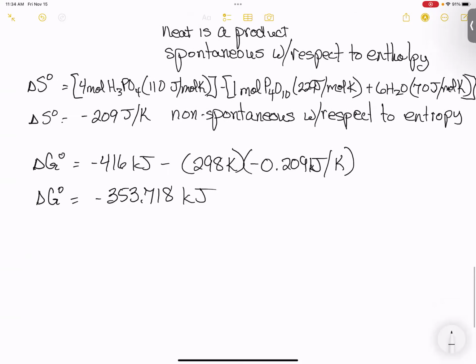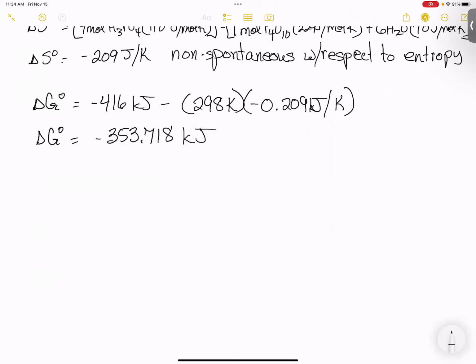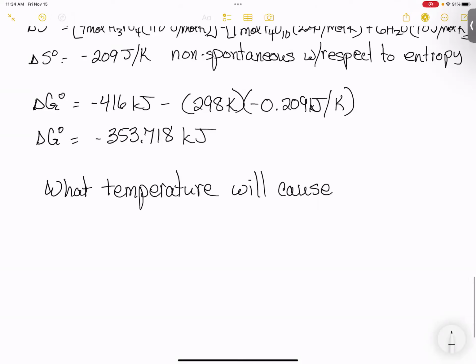So with this particular question, since a lot of these questions are coming up, what temperature will cause this spontaneous reaction to become non-spontaneous?